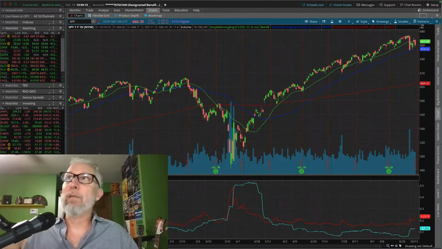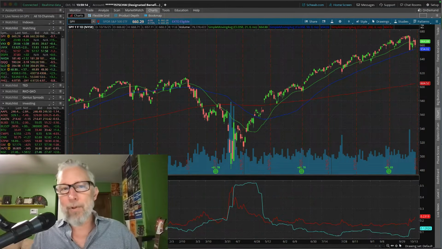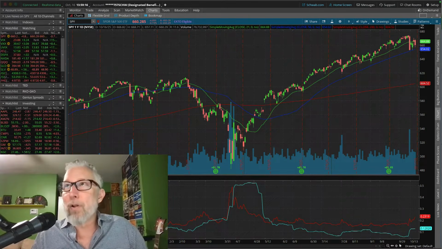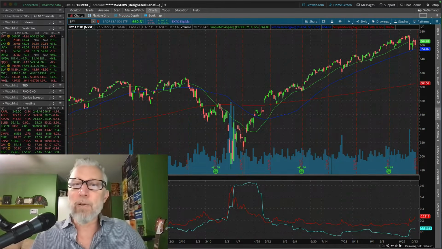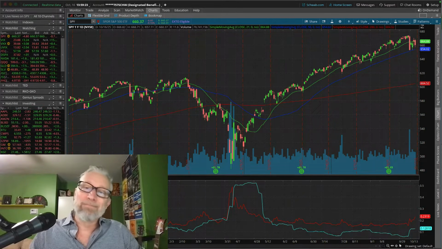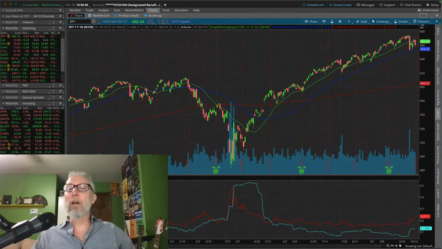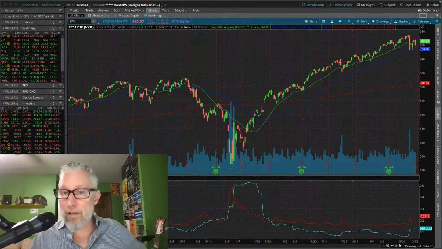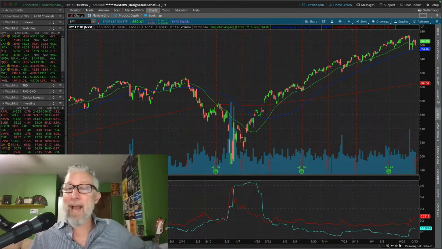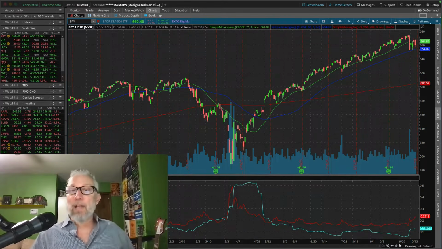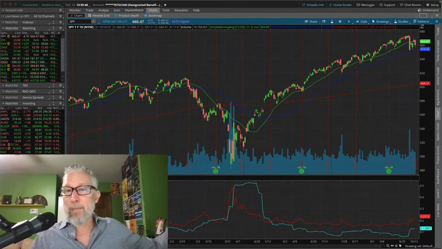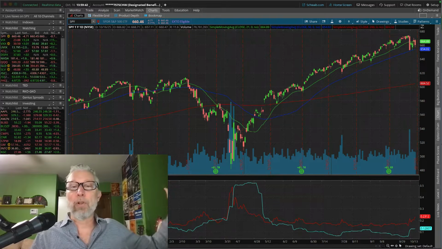Now, what does this mean for stock prices going forward? Well, a couple of things. A typical company, especially one that doesn't have a lot of locked-in debt, it's typically bad for them because their costs go up. Now, the stronger companies, especially ones that are cyclical or sell things that people have to have, can be okay because they have pricing power. They can raise their prices along with their costs.